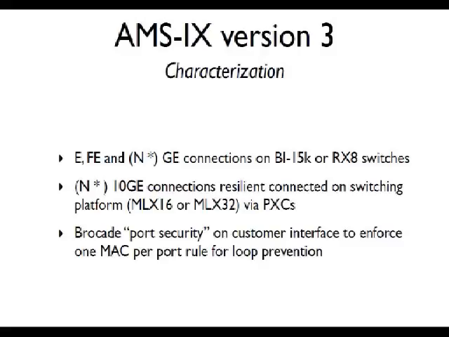The 10 gig Ethernets were done with MLX 16 and MLX 32 switches. They were connected via so-called PXCs, that are layer 1 switches. And we used, very importantly, Brocade's port security feature to prevent disasters happening if people made loops.